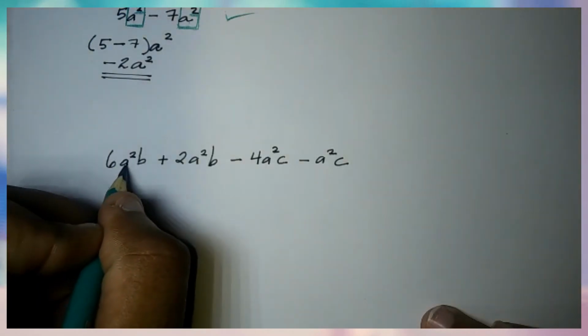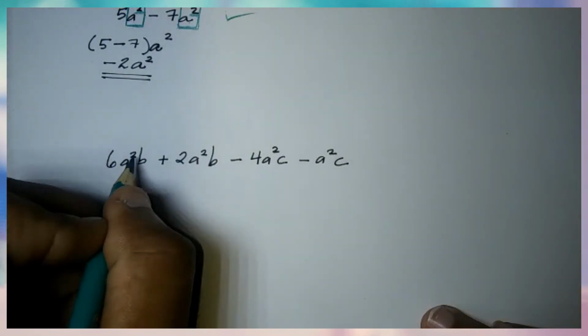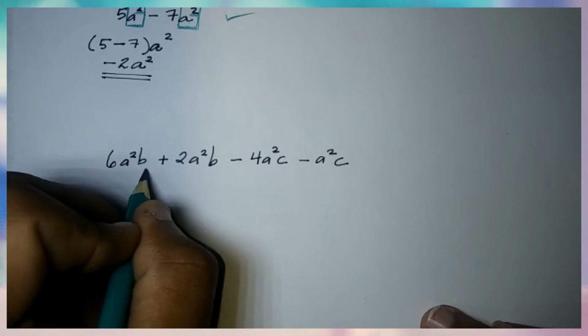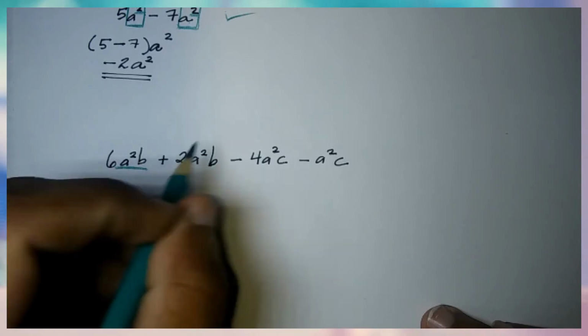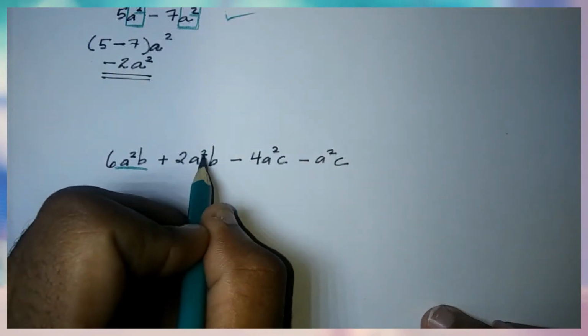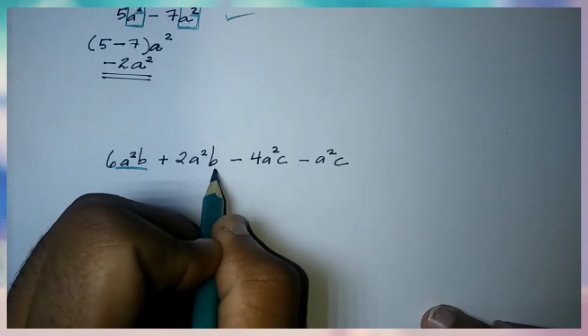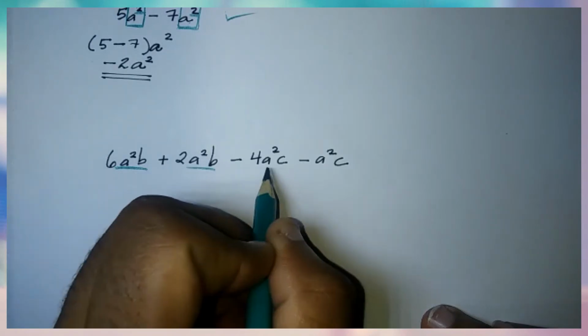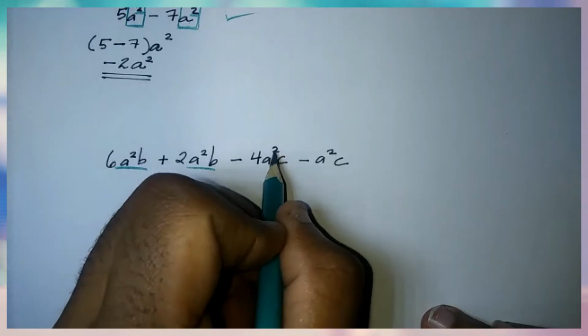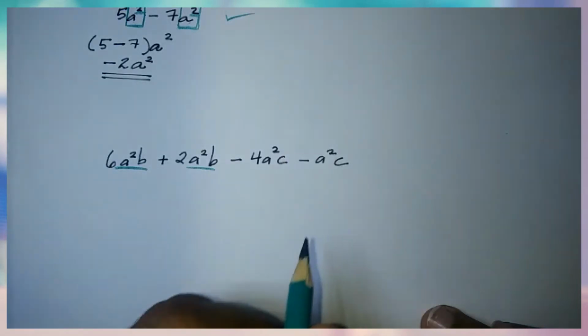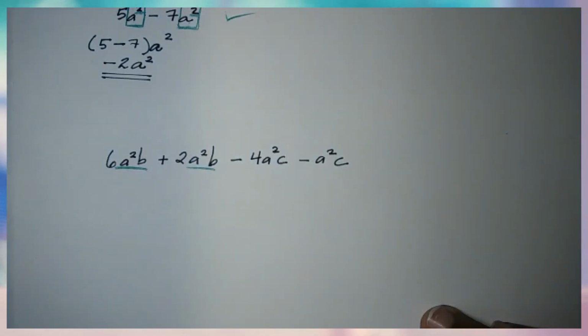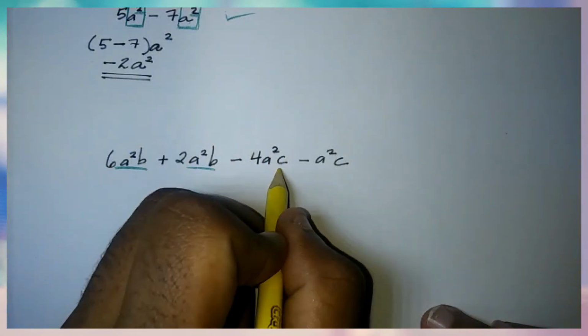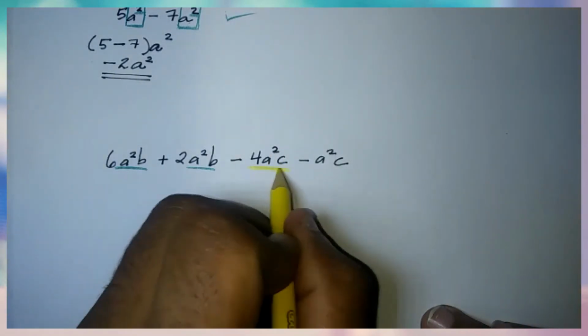Alright, I see a here raised to the second power with a b. Good. I see a here raised to the second power with a b. Great. I see a here raised to the second power, but this time it has a c. Not a like term, so I can't put my blue crayon under that one. It's different. There we go.